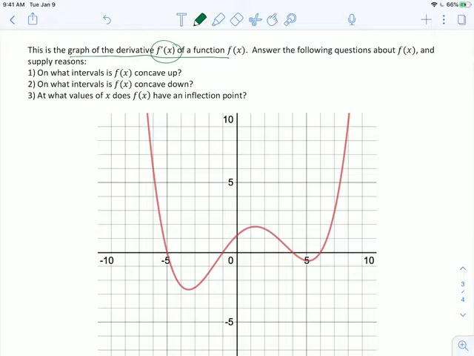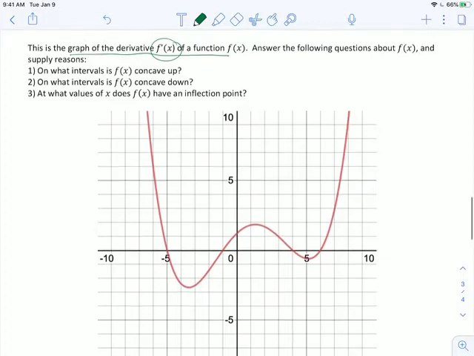So we want to keep in mind the relationship between concave up, concave down, and the behavior of the derivative of the function. Our first question is, on what intervals is the function that we're not seeing concave up?